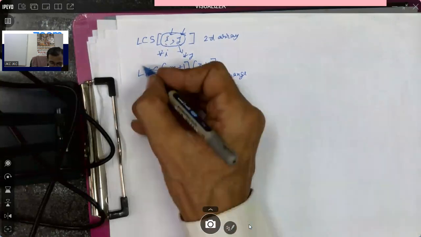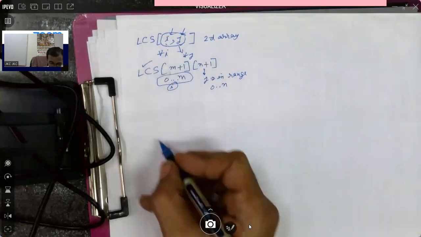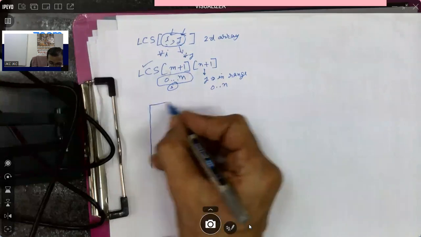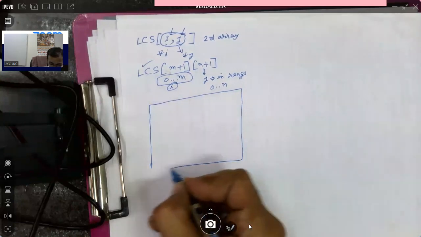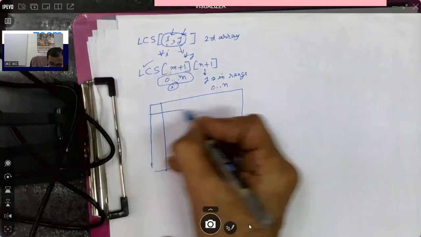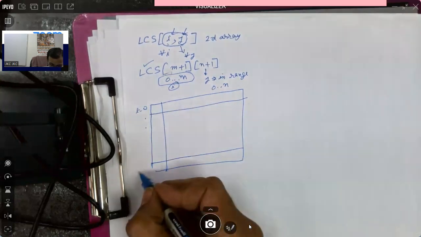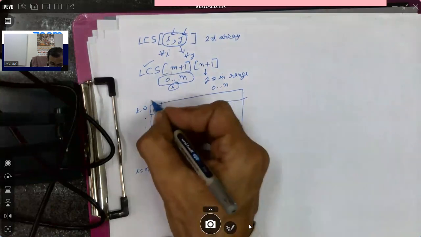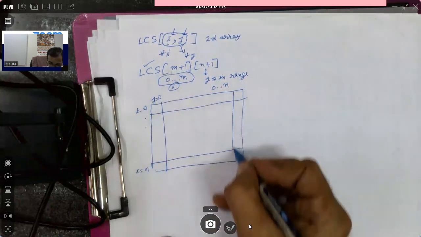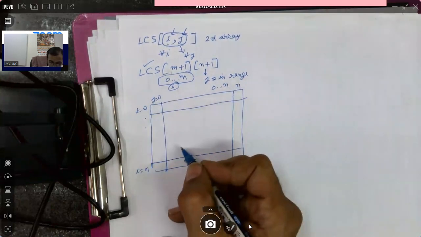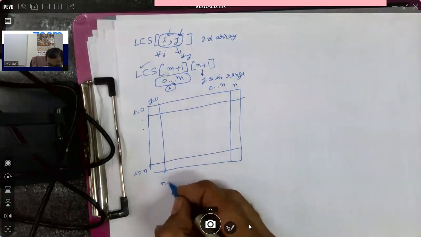Once I know this, I get LCS to be calculated. So now I will need LCS with i equal to 0 up to i equal to m, and similarly j as 0 to j as n. Now, which of these values are non-recursive?